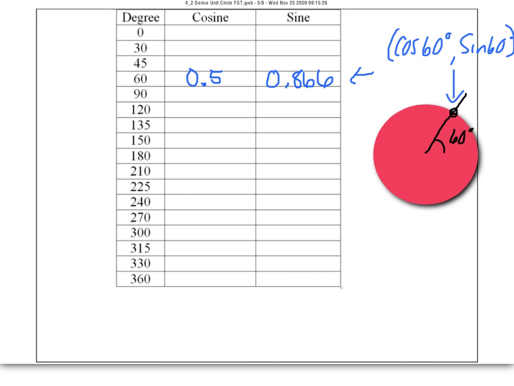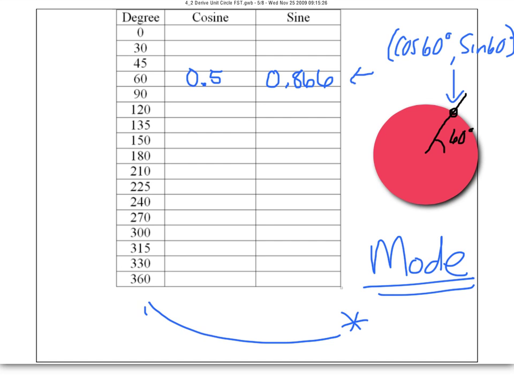Now, if you do not get those numbers, it means your calculator is not in the right mode. Look for the mode button on your calculator, select it, and for this one, what are we dealing with? Here we're dealing with degrees, so you need to make sure that you're in degree mode.